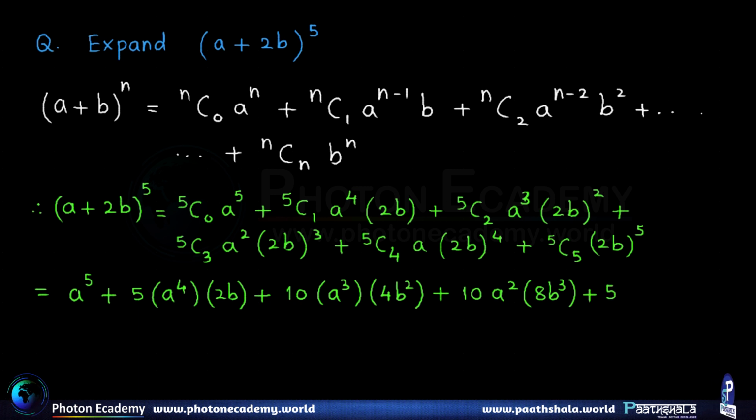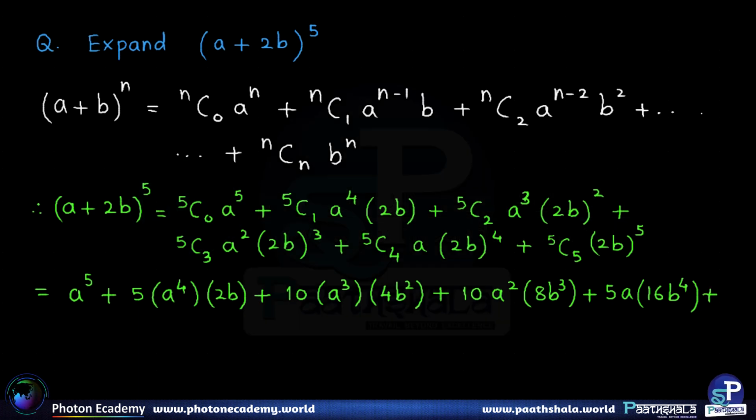We have a into (2b) raised to 4, so that will be 16 into b raised to 4, and lastly since 5C5 is 1, (2b) whole raised to 5 will be 32b raised to 5.